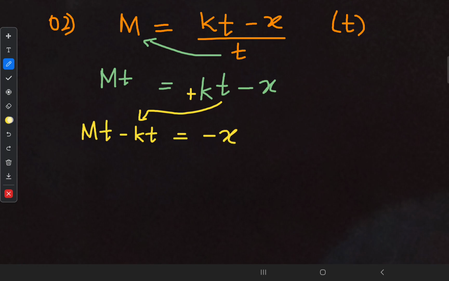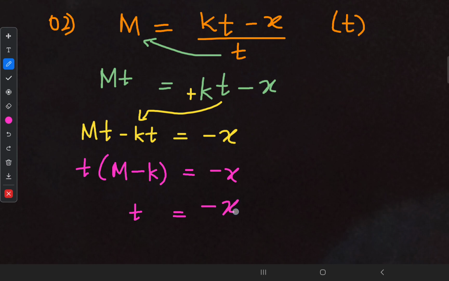In these two, I can make t a common factor. What's the remaining? m minus k, which equals negative x. Finally, t would be equal to negative x divided by m minus k. That's the way you should find your answer in this case.